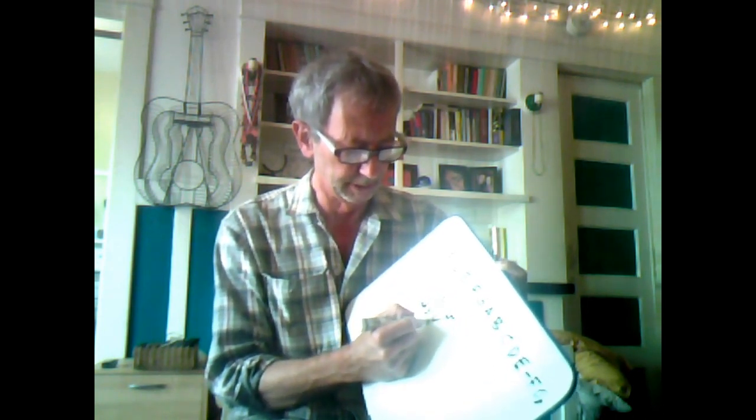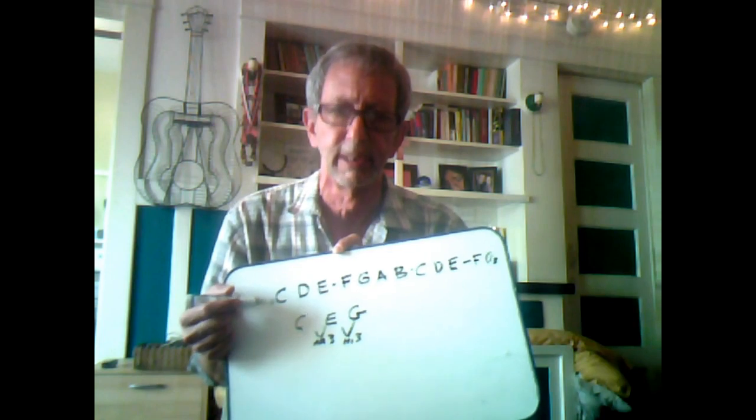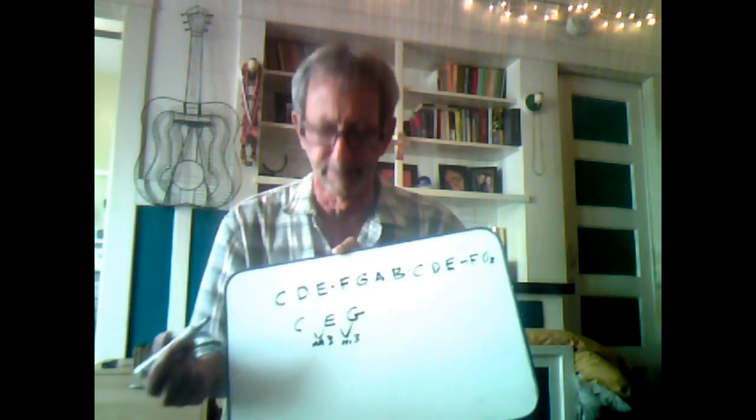And E to G, we get a minor third. E, F, G, minor third. So you could even say the formula for any major chord is major third plus minor third, okay?